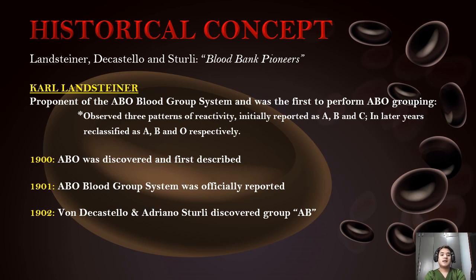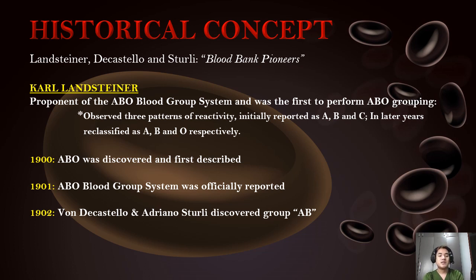Okay, now class. In board exams, if you are asked what specific year Landsteiner discovered the ABO blood group system, and both 1900 and 1901 are in two separate choices, always choose the letter corresponding to the year 1900.